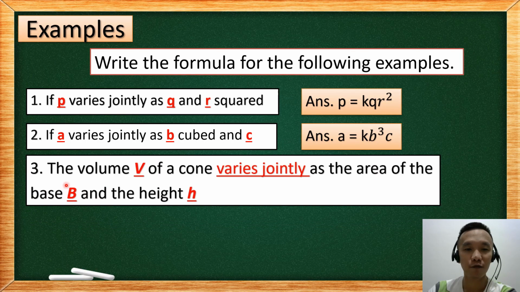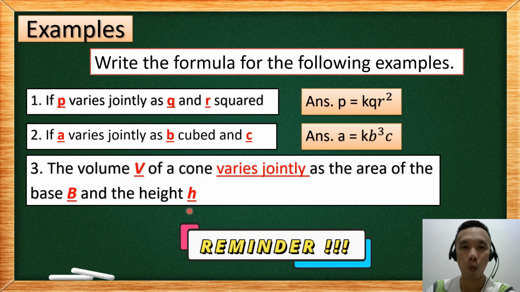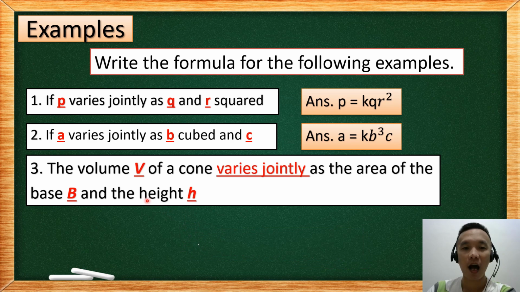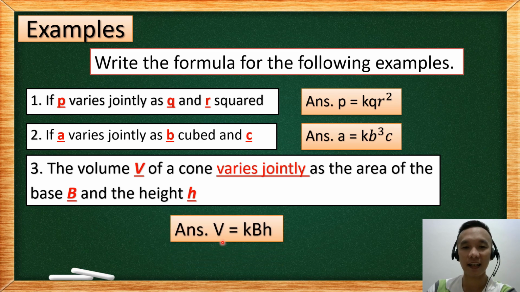And lastly, the volume V of a cone varies jointly as the area of base B and the height h. Take note of the important words here. Our important words are V varies jointly to B and h. Its formula will look like this: V equals k times B times h.